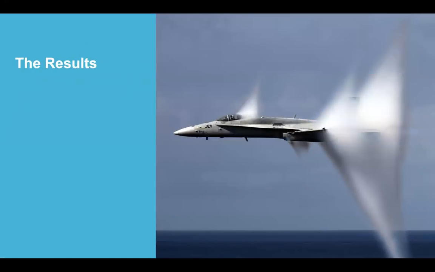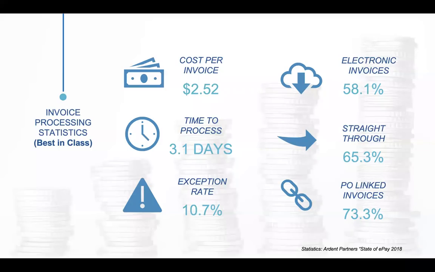So putting in a smart capture solution as your defense against invoice process inefficiency has an accelerating effect on your business, and the results can be extreme. So let's revisit our initial statistics on invoice processing and look at the numbers for a best-in-class operation that leverages smart technology to remove hurdles and create a smooth running machine. Processing time goes from 10 days down to 3.